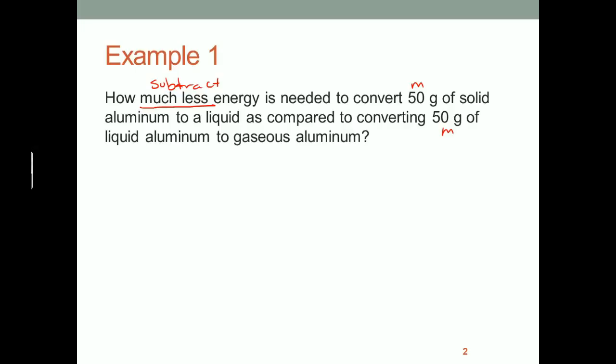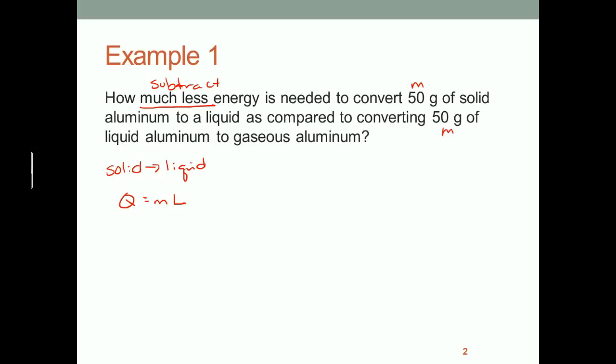So let's do the first part first. We want to convert a solid to a liquid. To do this, we use the latent heat formula. The energy needed is the mass multiplied by the latent heat. For these examples, you're going to need access to the table that's in Sakai, or it's also in your book.